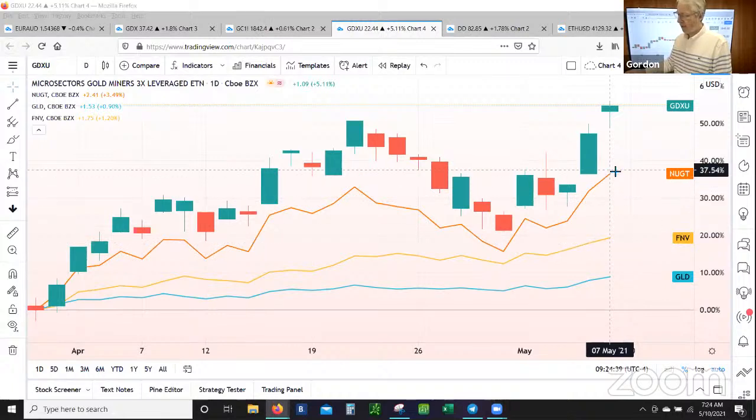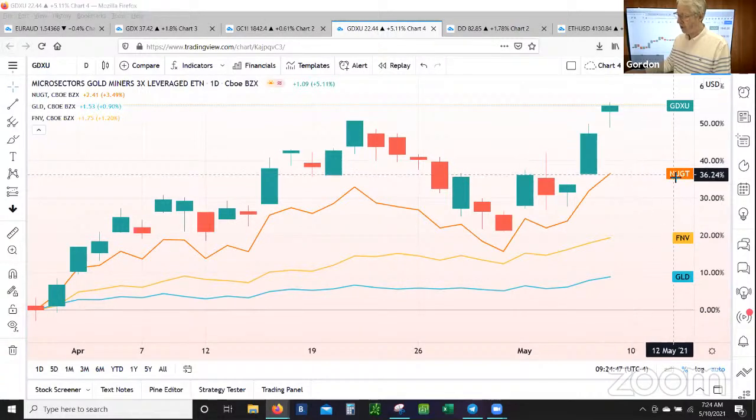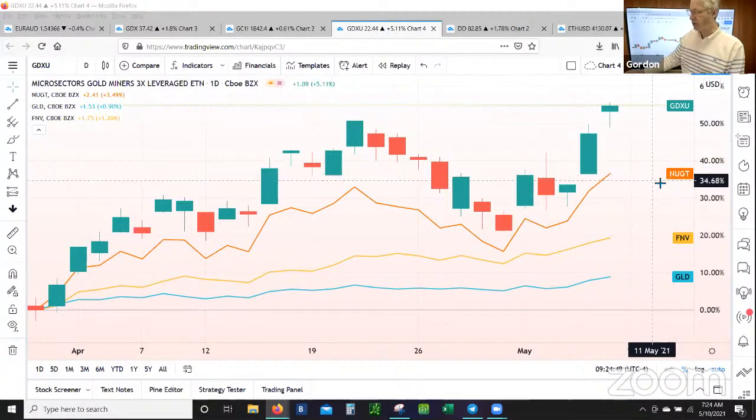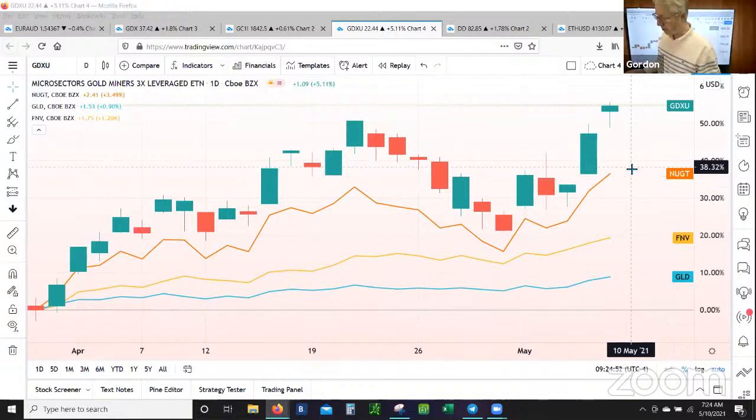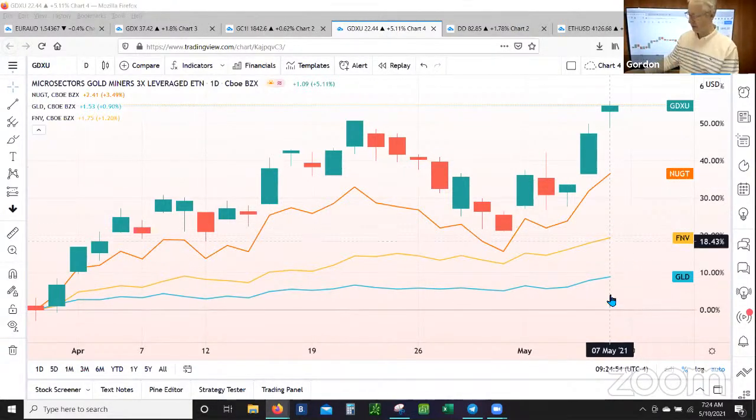However, there's an ETF out there that is double the price of gold, and that is NUGT. Now, in theory, if gold goes up 1%, NUGT is supposed to go up 2% on a day to day basis. But look at what's happened here over the past little while. From its lows, GLD is up not quite 10%, whereas NUGT is up almost triple that.